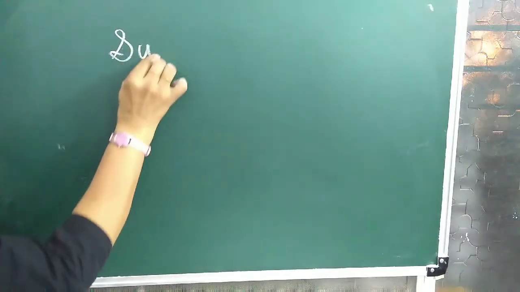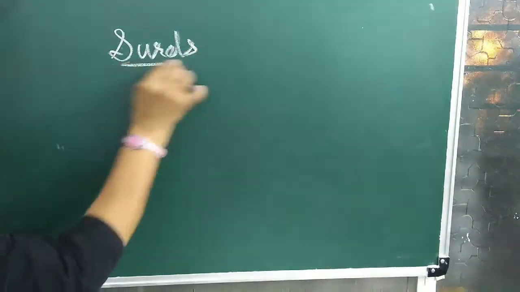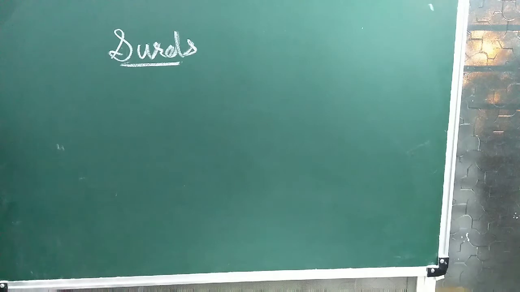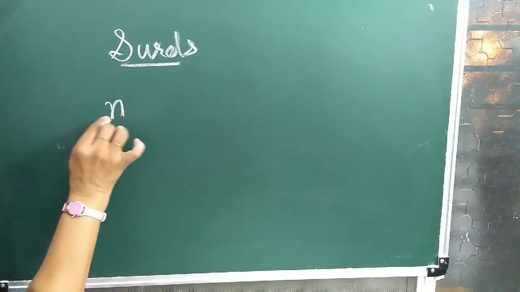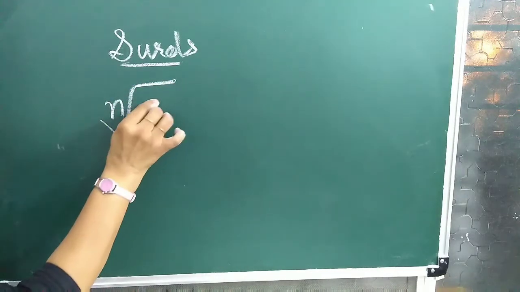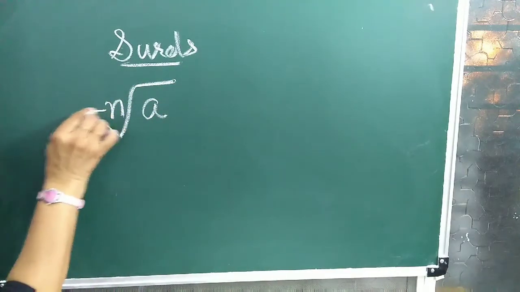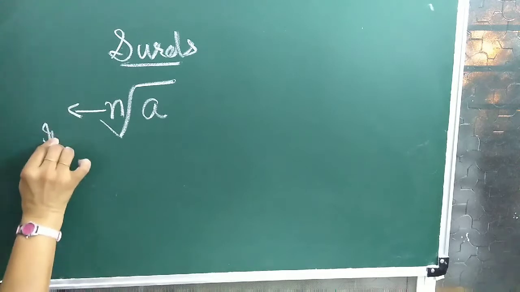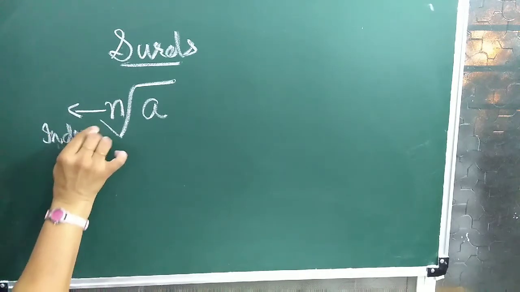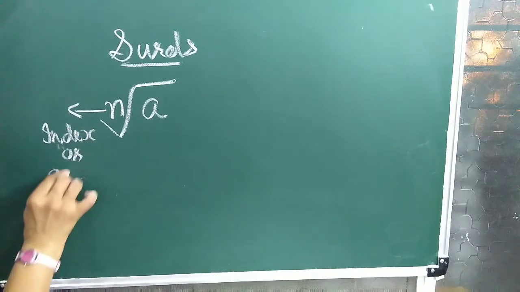The next topic is perhaps a new topic for you: we are going to discuss surds. What are surds? Let us consider the number nth root of a, where n is the index or order.